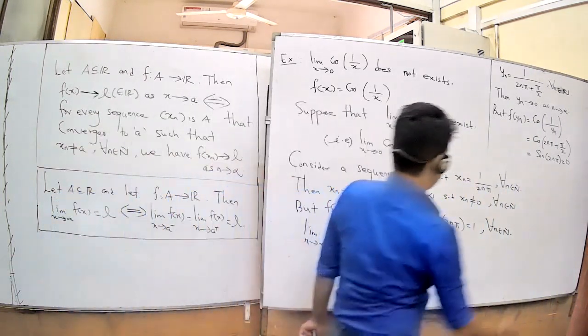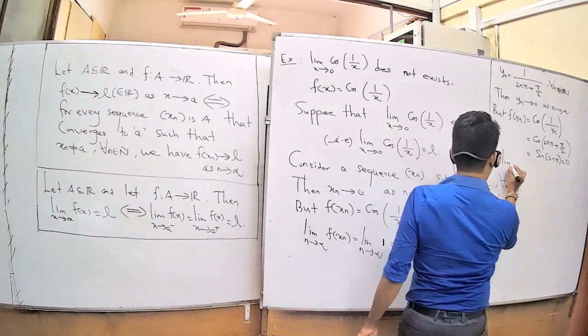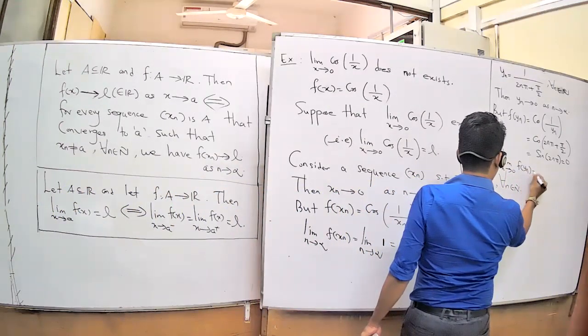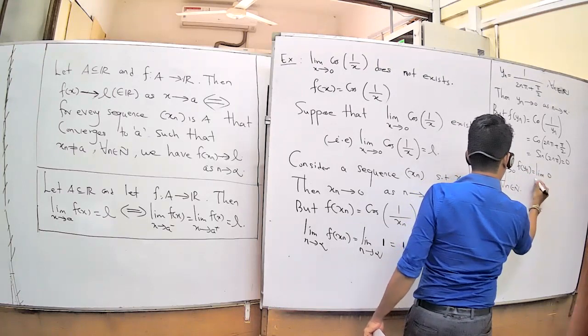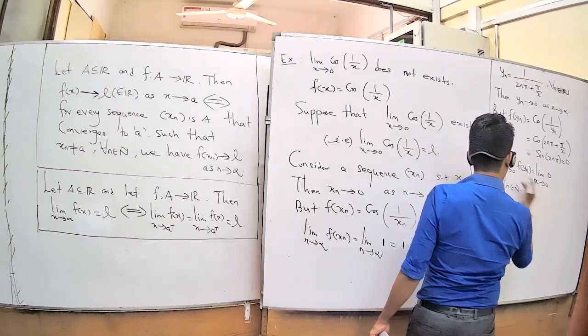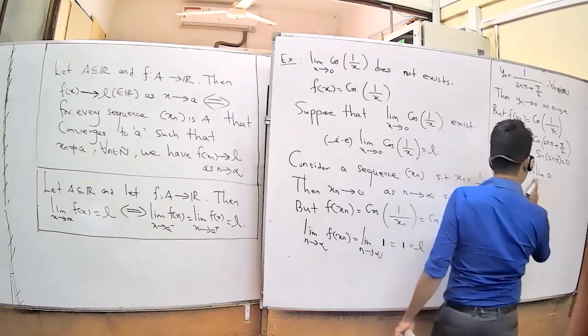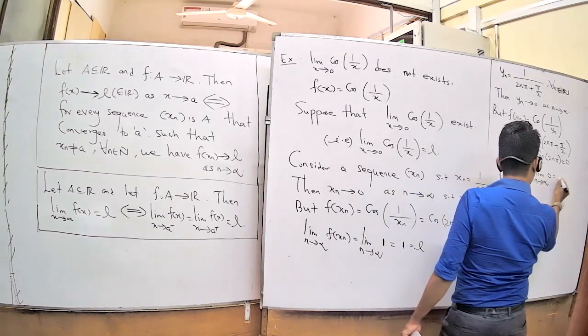Therefore, if you take the limit as n tends to infinity of f of yn, we get 0.